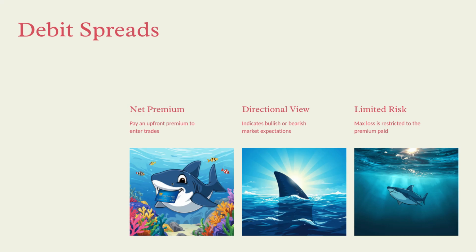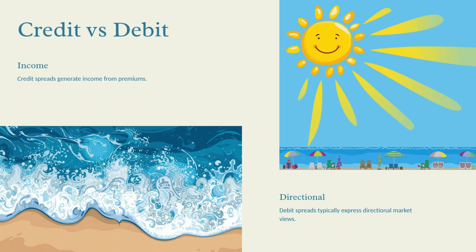So you can lose all of that. So really the most important thing to know about debit spreads is that a debit spread pays upfront for a defined risk, directional move, and it profits if the underlying moves towards your target. For your credit spread, you're looking for income direct into your account through premium. For debit spread, you're looking for a directional play that's going to go in the favor of your assumption.